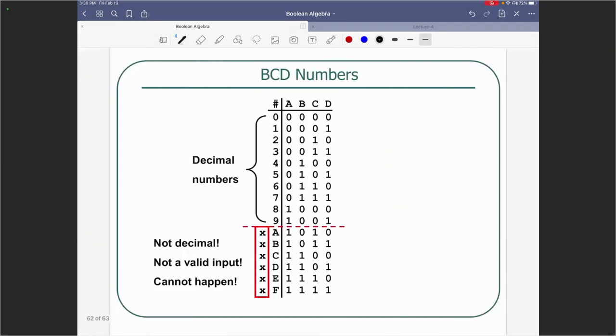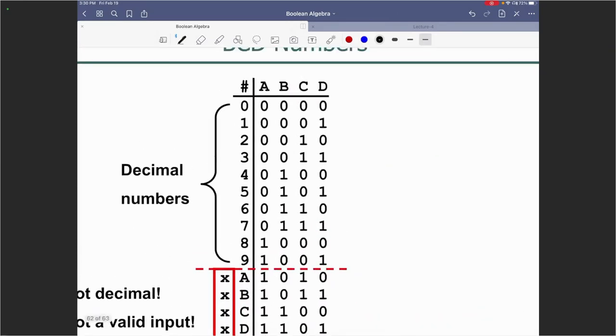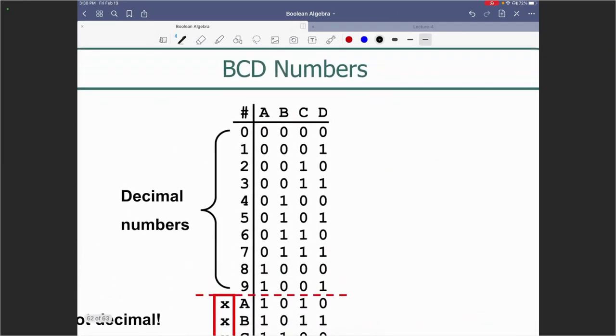So let's take a look at BCD numbers over here. This is a table in which on the left you have the number itself. Those are decimal numbers, essentially your 10 decimal symbols, 0 through 9. Each symbol is being represented by 4 bits, 0, 0, 0, 0, all the way to 1, 0, 0, 1.